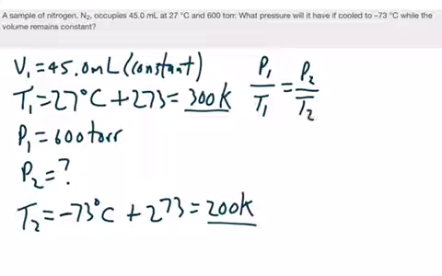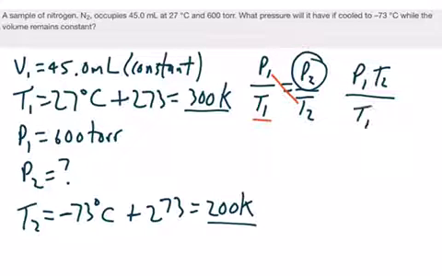We are being asked to find the final pressure. Okay? So, again, if you cross multiply and then divide, it'll be P1 times T2 over T1 will give you the final pressure.